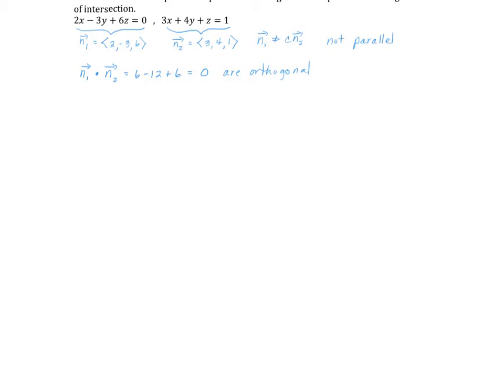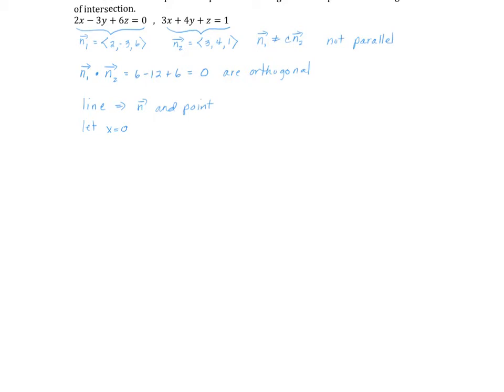So what I'm going to do is just let my x value equal 0. This is a technique we often use in algebra when we have 3 variables but only 2 equations. I'm just going to get rid of my x value. I could have chosen the y value or the z value.